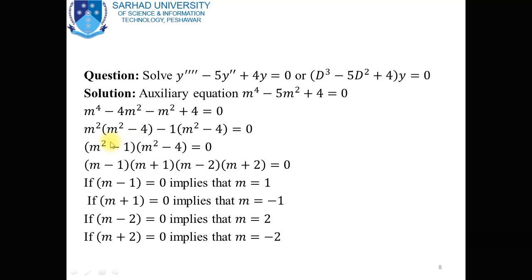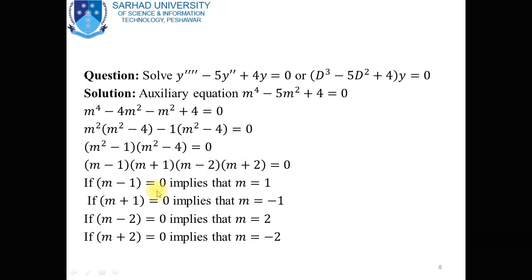So we can write now m square minus 1 into m square minus 4 is equal to 0. Now by the formula a square minus b square, we can write this expression as a minus b into a plus b, so m minus 1 into m plus 1. And again, applying the formula a square minus b square for this expression, m minus 2 into m plus 2 is equal to 0.